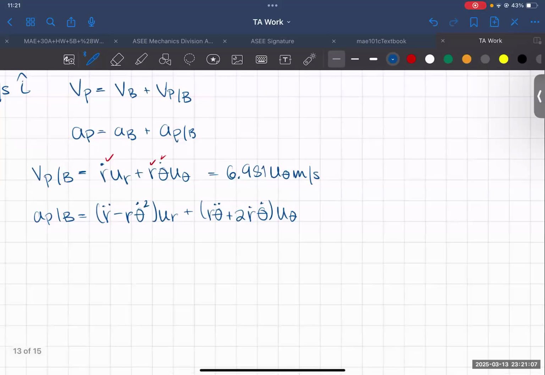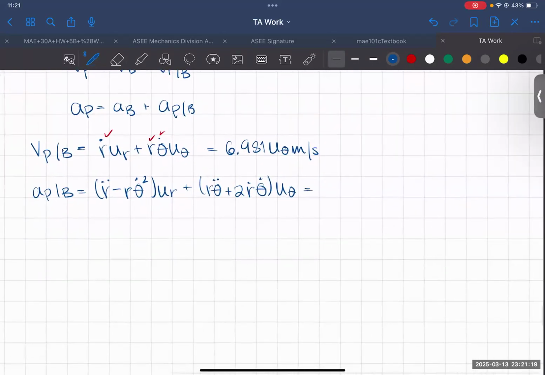For the acceleration, we'll get minus 0.437 UR meters per second squared.